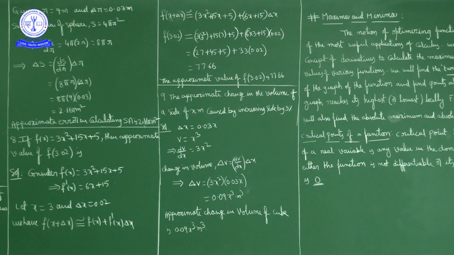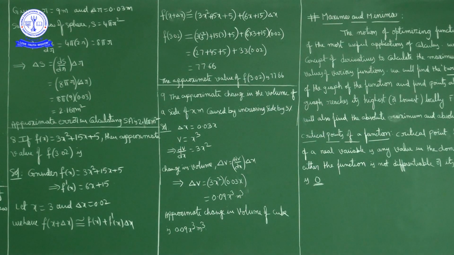So 77 plus 0.66 is 77.66. This is the approximate value of f of 3.02.